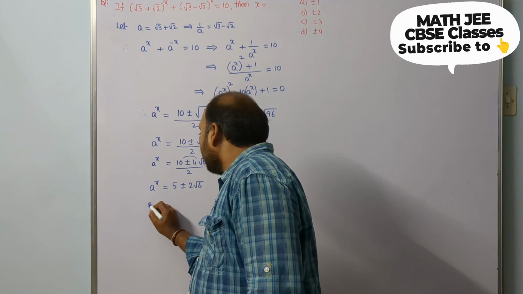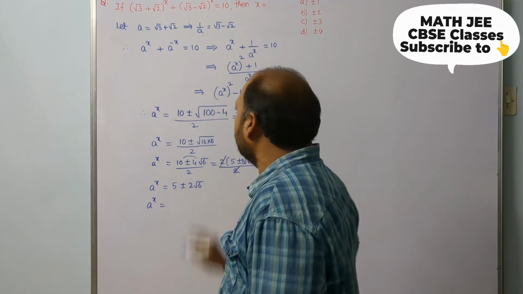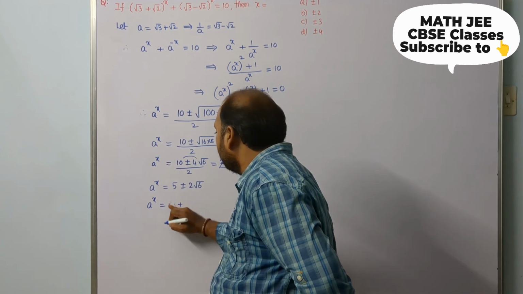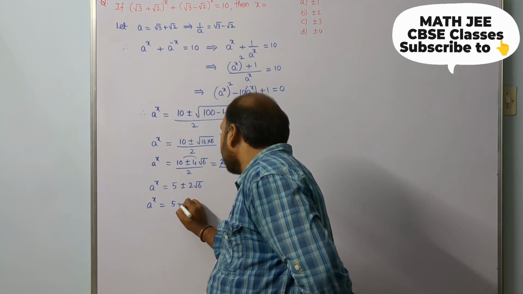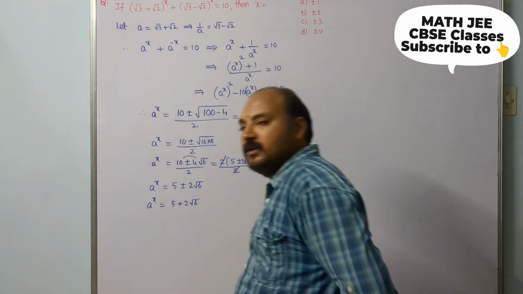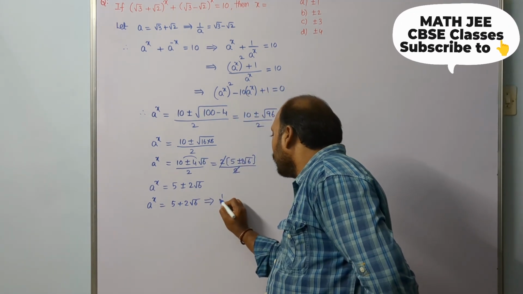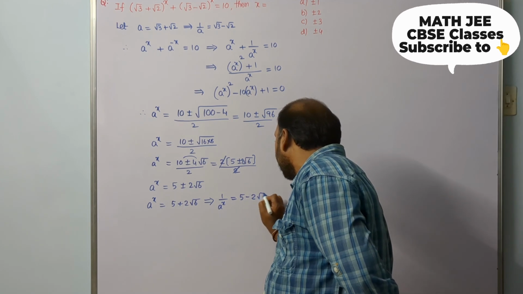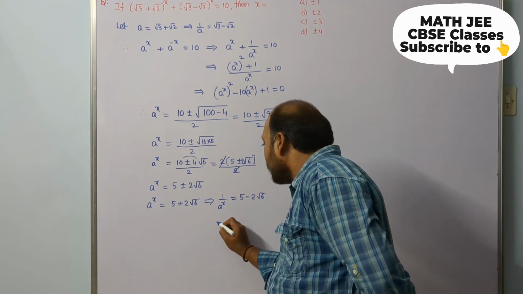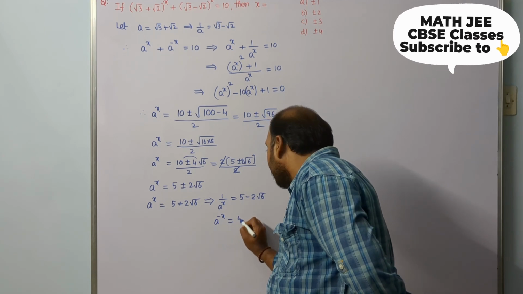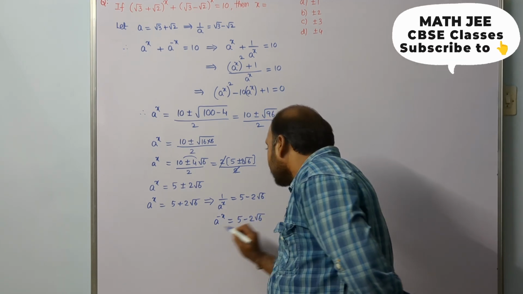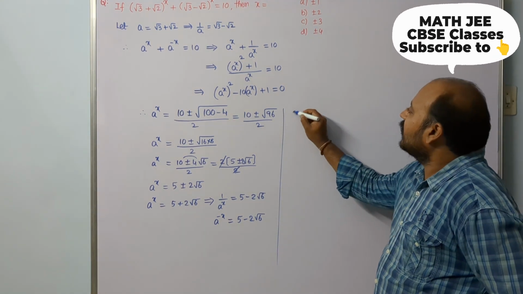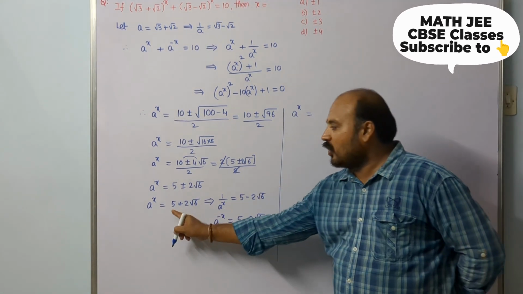Here I am taking a power x is equal to 5 plus 2 root 6. First case I am taking. Then obviously 1 by a power x is equal to 5 minus 2 root 6. 1 by a power x means a power minus x only, dear students, 5 minus 2 root 6. After that, here one important result. A power x equal to 5 plus 2 root 6.